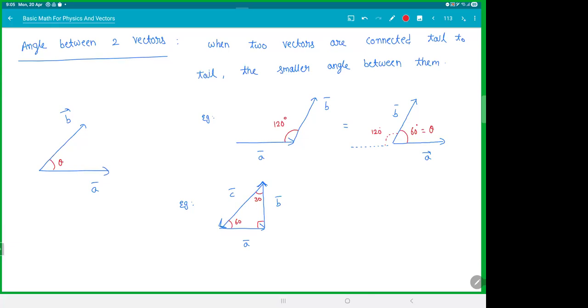Between A and C? Remember, they have to be connected tail to tail. Here, heads and tails are connected, so you can't say 30, 60, 90. People do goof up in a flow. It looks silly, but when you're under so much pressure in the exam, people make such mistakes. We call them silly mistakes. What are the angles? Remember, you just have to push them in such a way that you get tail to tail.